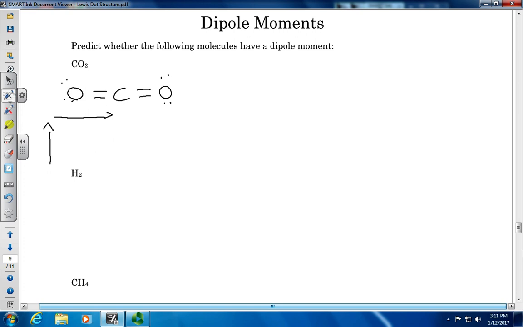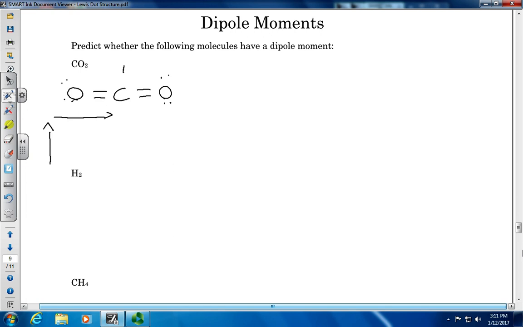So that's the way electronegativity trends. Carbon and oxygen are very close together, but carbon is less electronegative than oxygen, or we can say that oxygen is more electronegative than carbon.